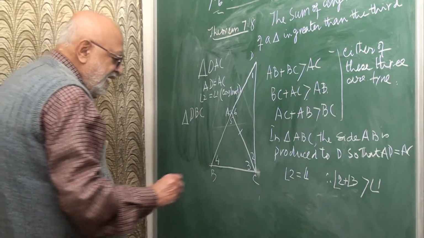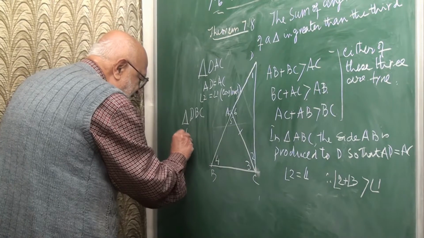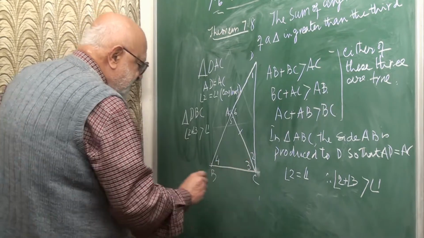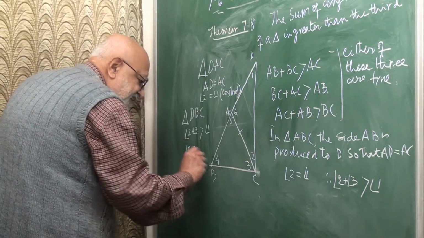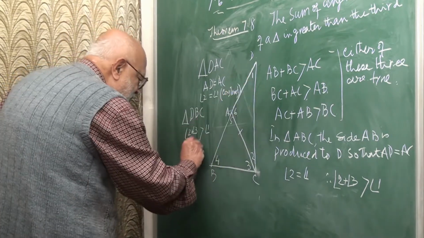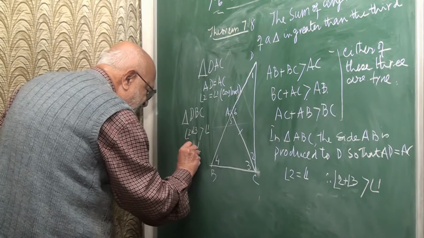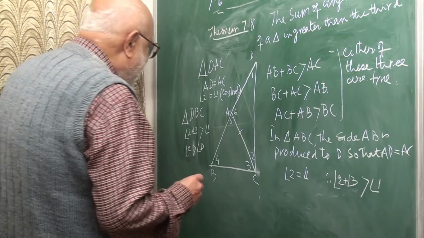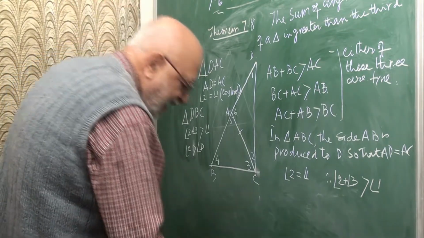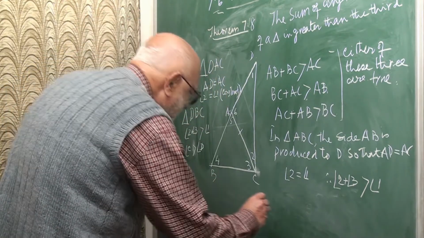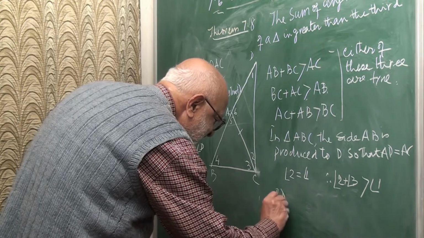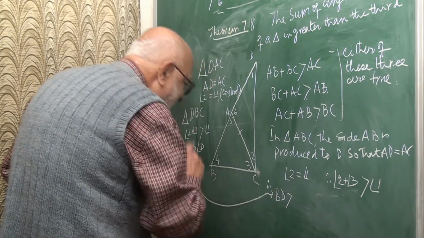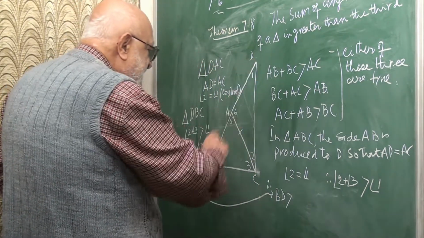Then I can say that angle 2 plus angle 3, that is angle C, is greater than angle 1, which is angle D. So I can write here that BD is greater than BC.